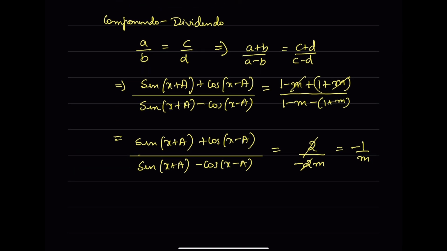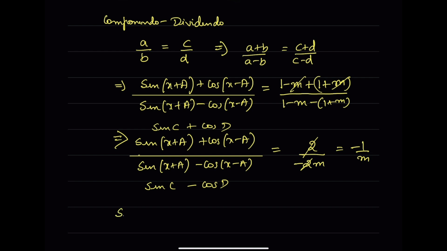Okay, now the left hand side here is of the format sin c plus cos d, and the denominator is sin c minus cos d. We don't have any formula that we can apply when it is a sum or difference of sine and cos. So what we can do is change this cos to sine.